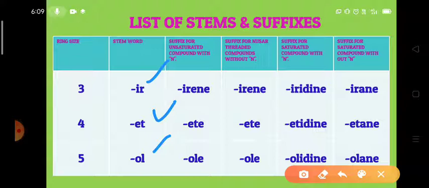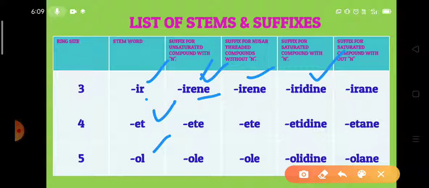If the compound is unsaturated with nitrogen, for 3-membered heterocyclic compounds, we use the ending irine. For compounds without nitrogen also, we use ene, so we get irene. For saturated 3-membered compounds with a nitrogen atom, we use iridine.